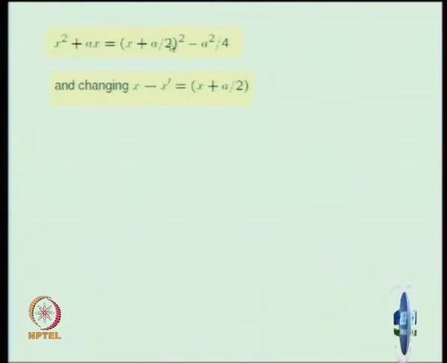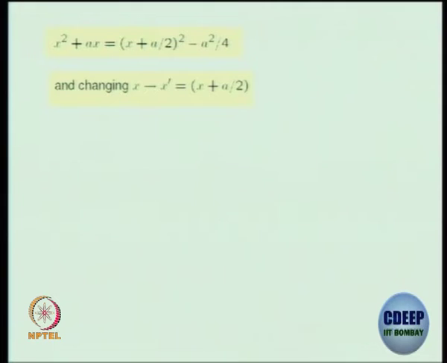Shift your x and subtract the constant. Then what do we have to do? We make a change of coordinate. Instead of x, you call a new coordinate x prime, which is a shifted coordinate.